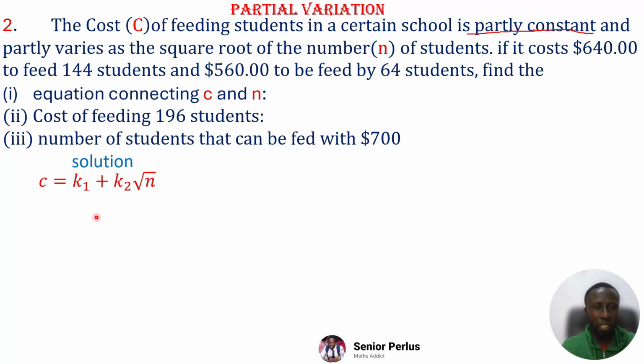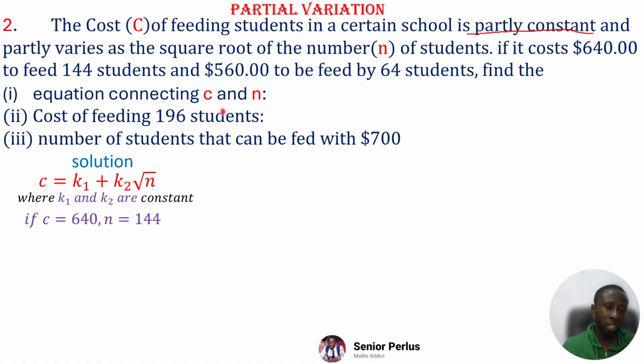Now this is our equation, where k1 and k2 are the constants of proportionality. If it costs $640 to feed 144 students, and $560 to feed 64 students, find the equation connecting C and N. You are given that the cost is 640 when the number of students is 144.